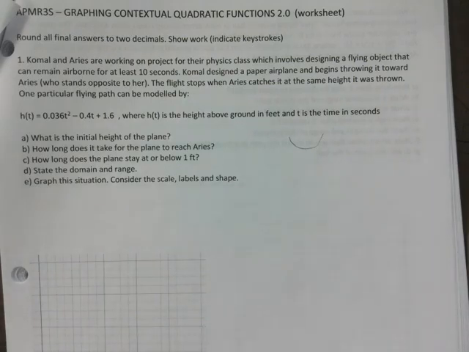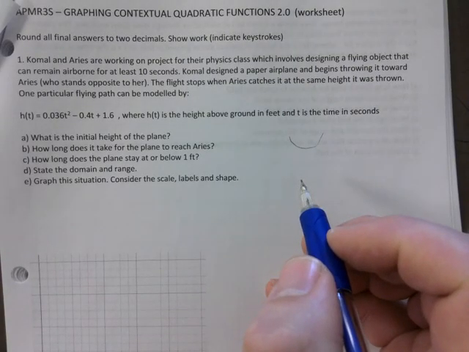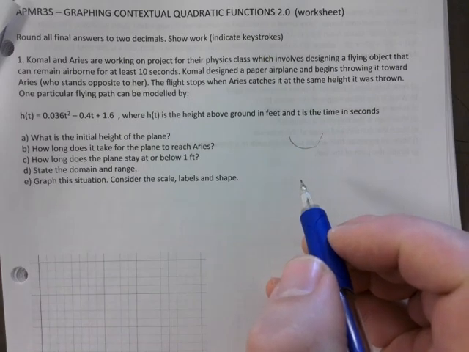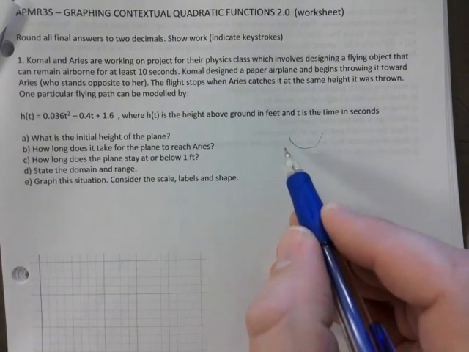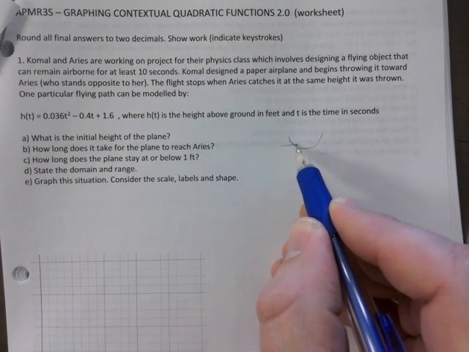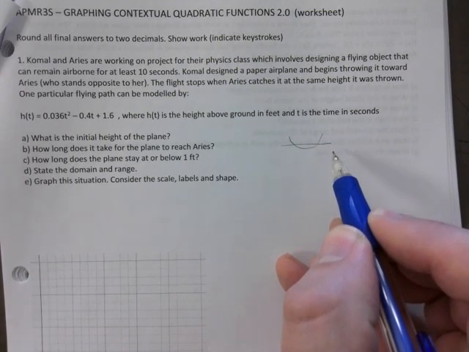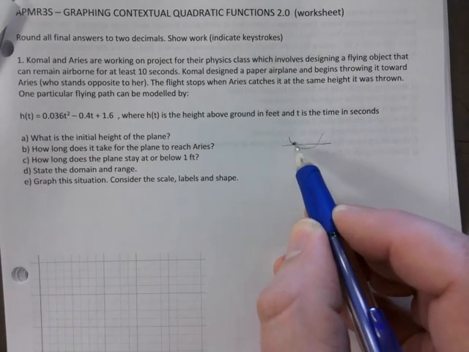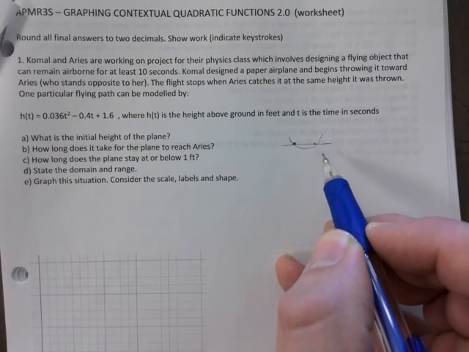One more thing. You listening? If it ever asks you how long did this thing stay under or above a certain height, when you graph that line and it cuts through it more than once, guess what? You need to figure out both times and subtract.